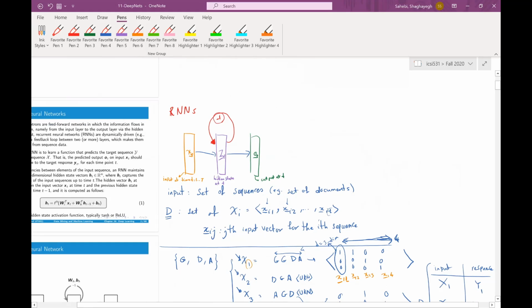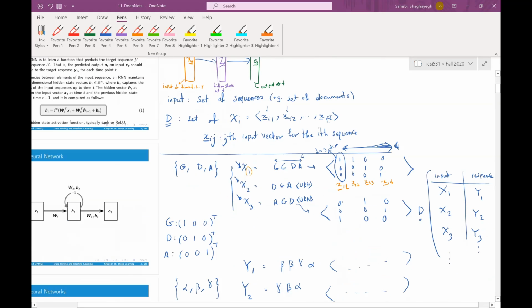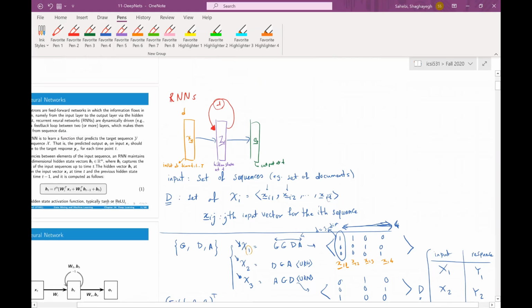Similar to multi-layer perceptrons, we have d dimensions. So this is d-dimensional x, like here, where we have 3-dimensional x. We have m-dimensional z's, and we have p-dimensional output layers.